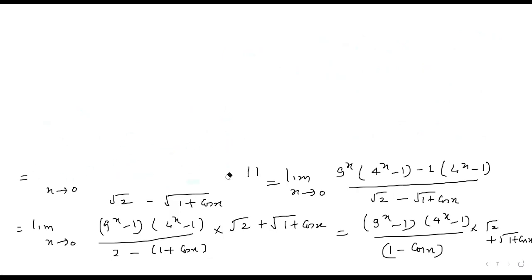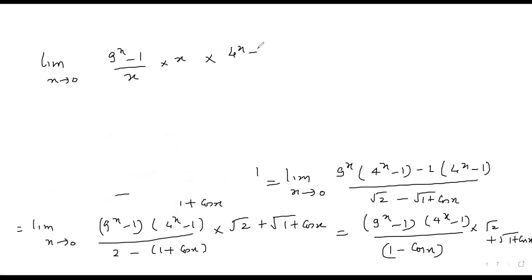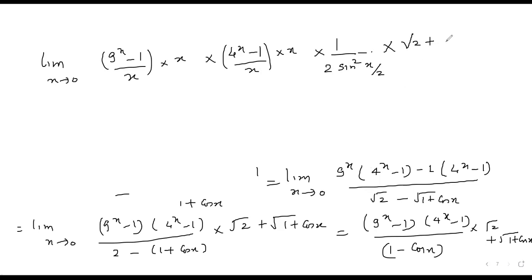We can write it as limit x tends to 0 of (9 power x minus 1) upon x into x, into (4 power x minus 1) upon x into x, into 1 upon 1 minus cos x, which can be written as 2 sine square x by 2, times root 2 plus root of 1 plus cos x.